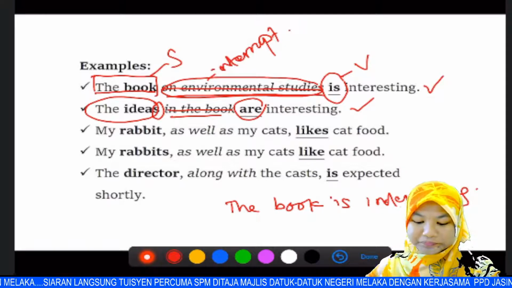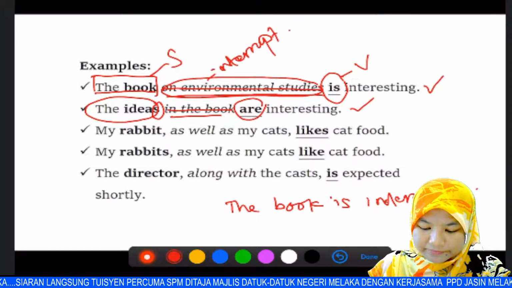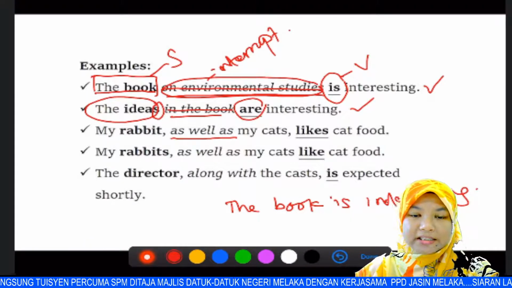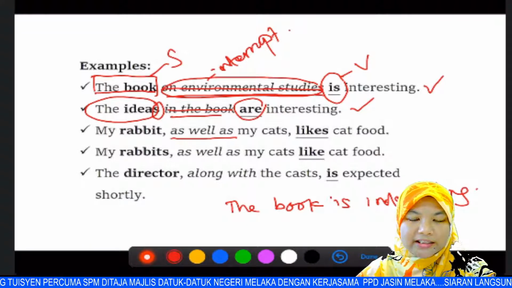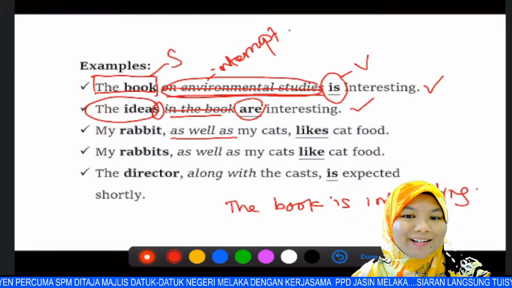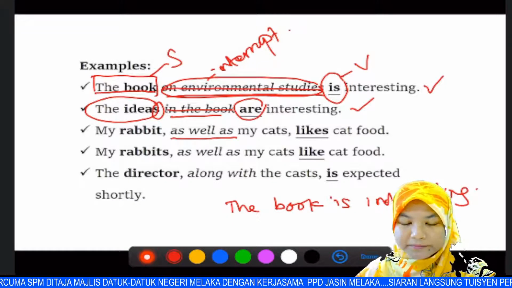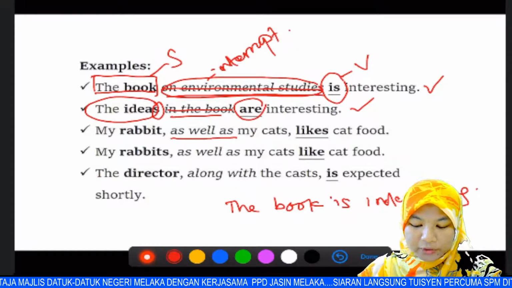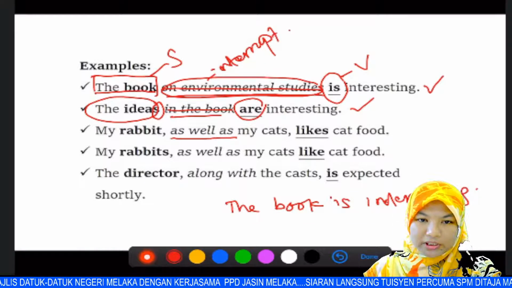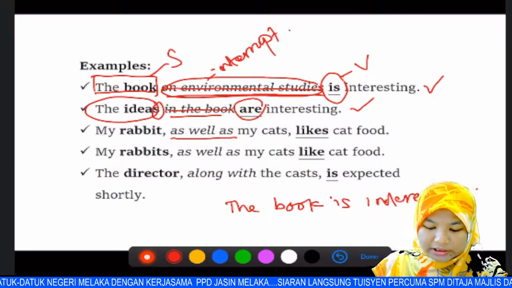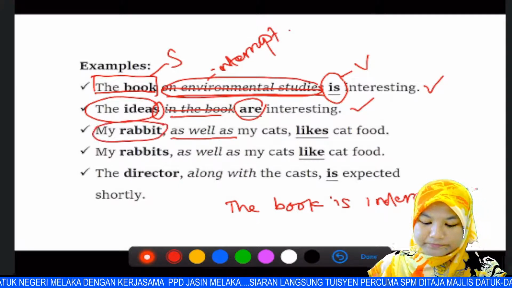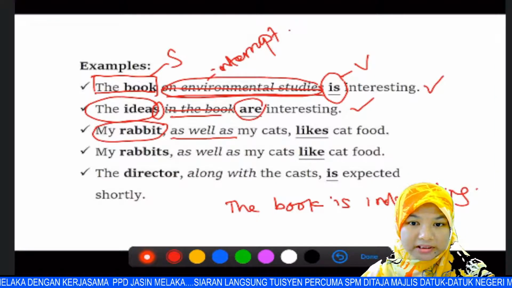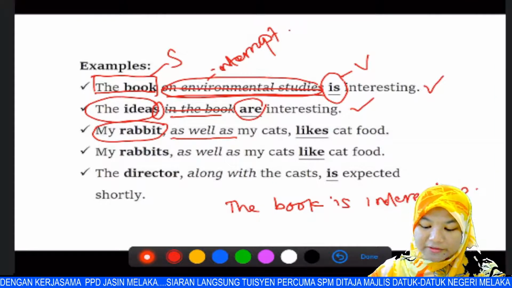If you notice, "as well as" introduces a phrase that can distract your structure or your focus. If you really focus, the real subject is the rabbit. The real subject is only one rabbit.